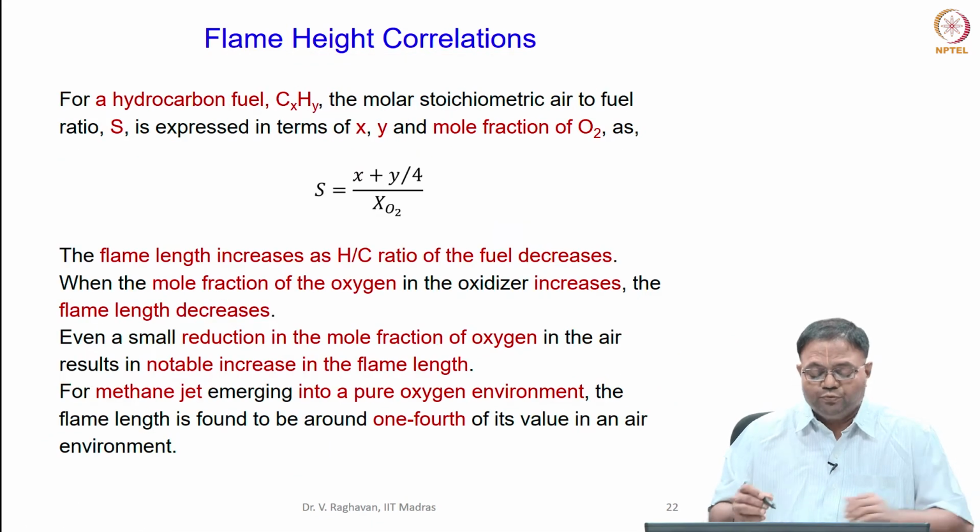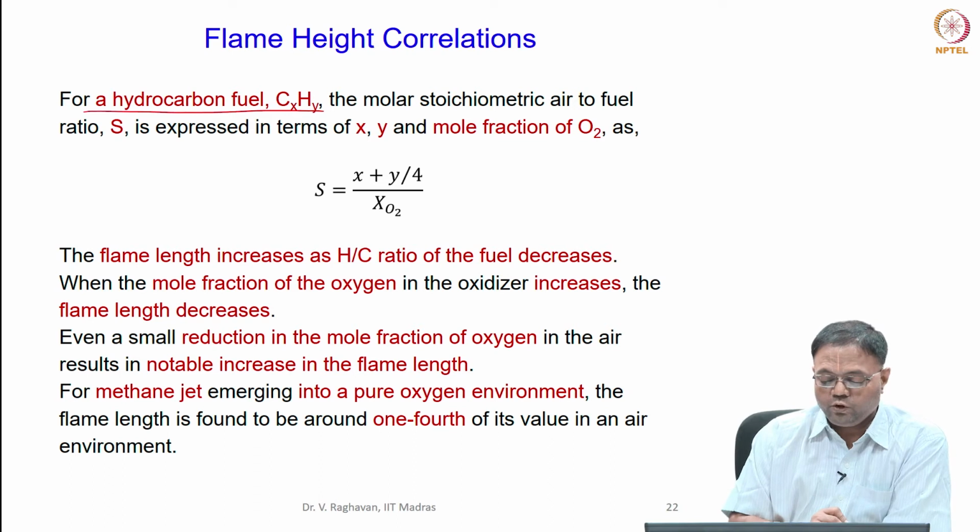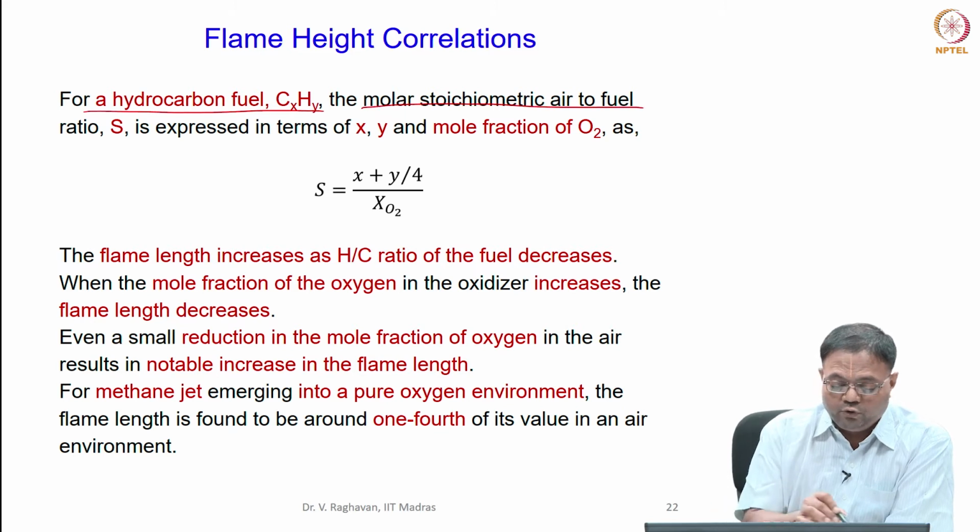Let us first see, for a given hydrocarbon fuel, CxHy, where x is the number of atoms of carbon and y is the number of atoms of hydrogen. The molar stoichiometric fuel ratio S is given by this.